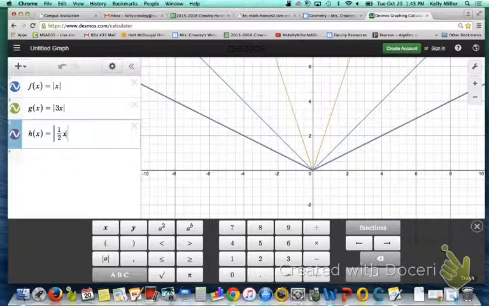So for a horizontal stretch or compression, that's when your a times your x is happening inside whatever that function is. And in this case, when your a is larger than 1, it's a horizontal compression.